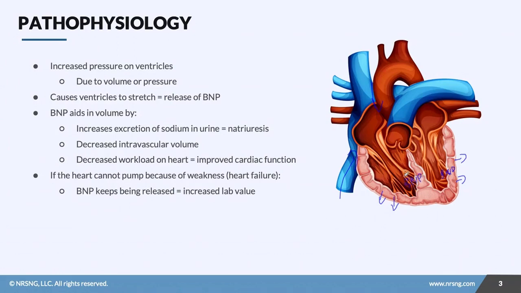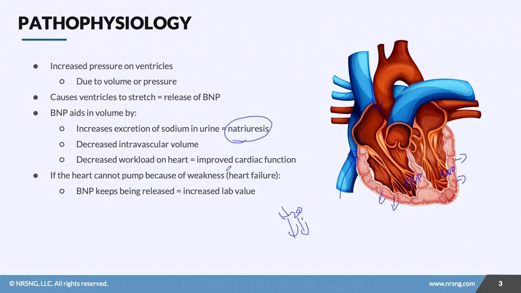What BNP does is it promotes the excretion of sodium in urine, which is called natriuresis. So as BNP is released, it causes the excretion of sodium in urine, which also leads to the excretion of water. So we're getting rid of some of that volume to decrease that stretch, okay?